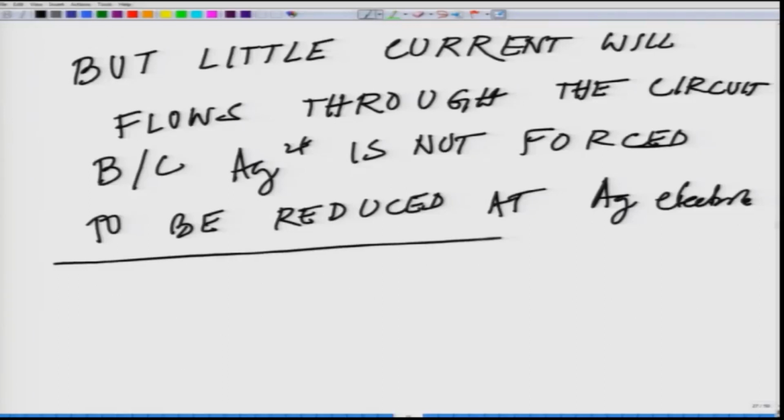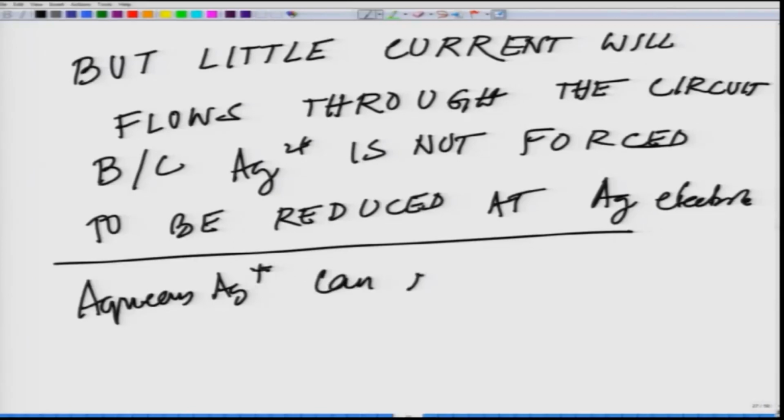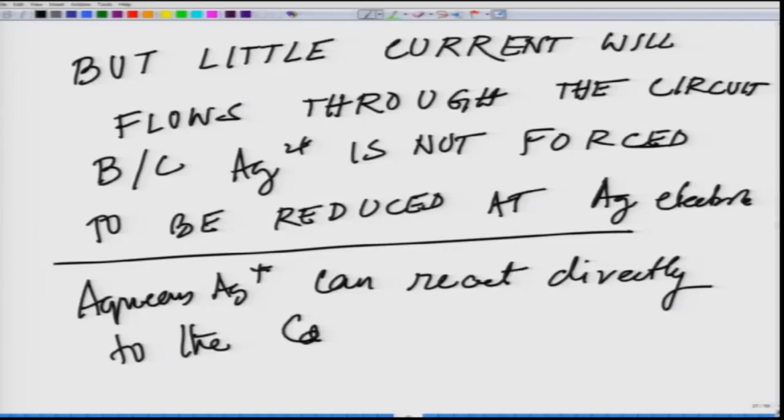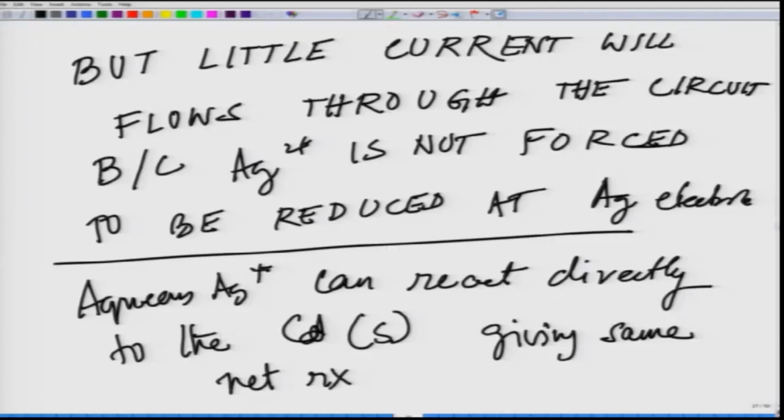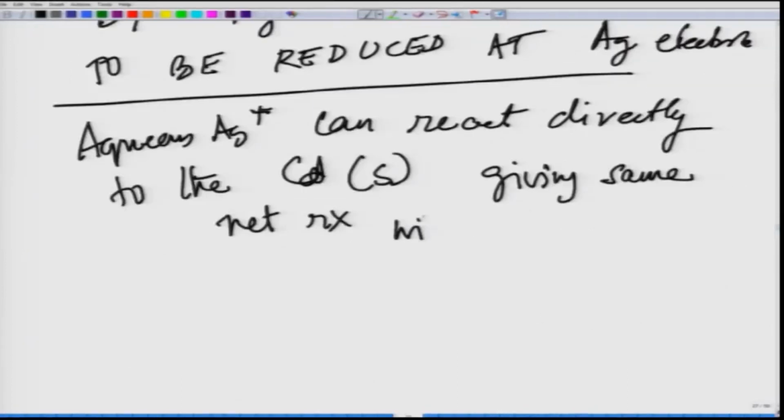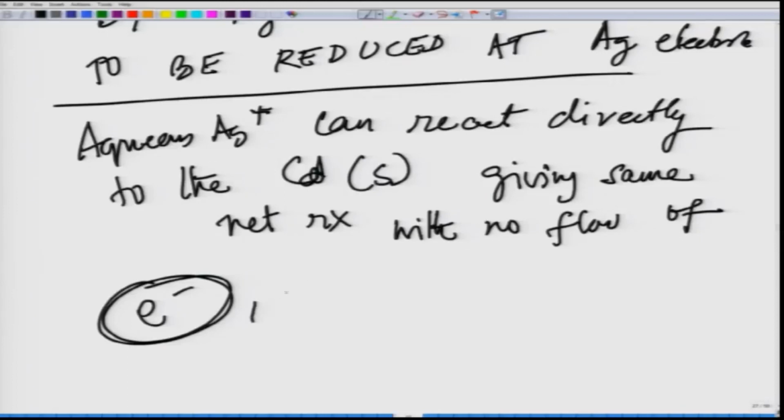Aqueous Ag+ can react directly with the cadmium solid surface, giving the same net reaction with no flow of electrons, E stands for electrons, through the external circuit.